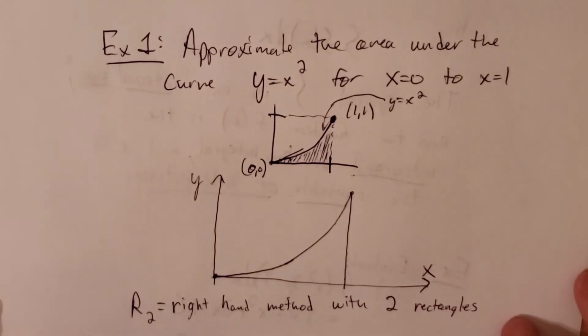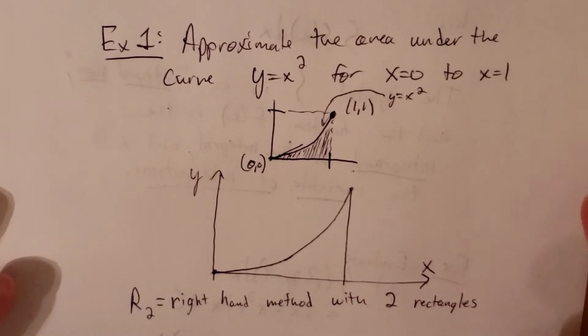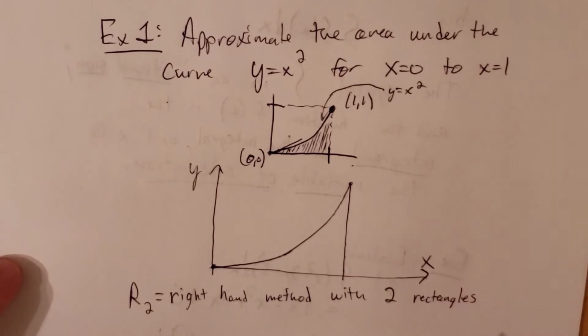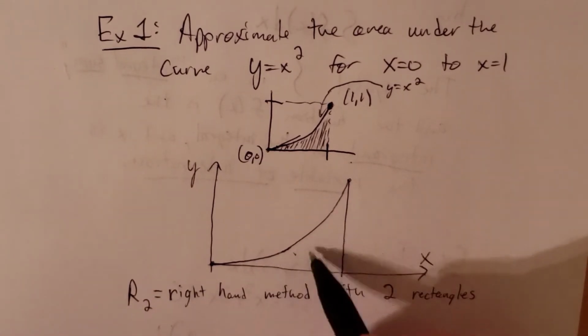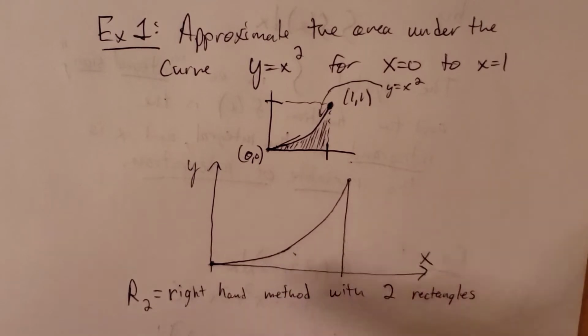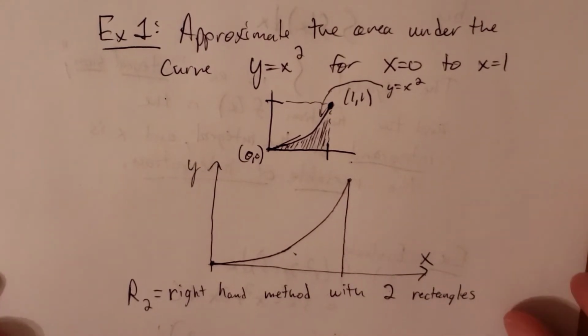Now, how do we do this? What does all of that mean? What are we actually doing? Well, we're going to estimate the area under the curve here by calculating the area of two rectangles. It's really hard to calculate what this whole area is, so we're going to estimate by calculating the area of rectangles.